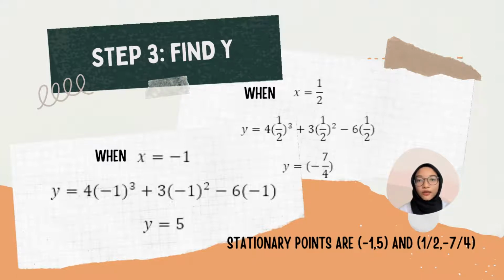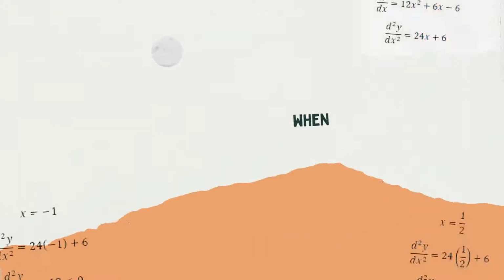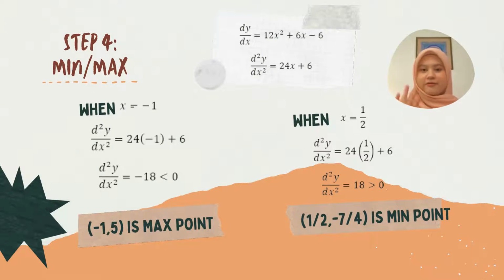So y equals 4 times 1 over 2 power of 3 plus 3 times 1 over 2 power of 2 minus 6 times 1 over 2. So we get y equals negative 7 over 4. Here we can conclude that the stationary points are (negative 1, 5) and (1 over 2, negative 7 over 4).